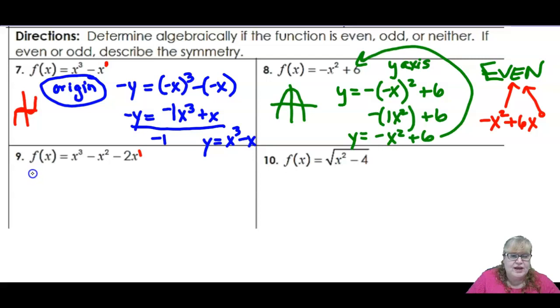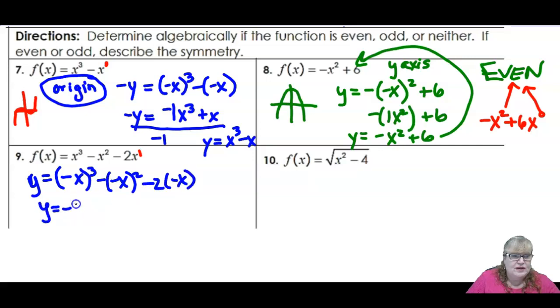To change x for the opposite of x, we would end up with a -1x cubed. This would be a -x squared in here, but then this one would make it a positive. And back here, negative times a negative would be a positive.